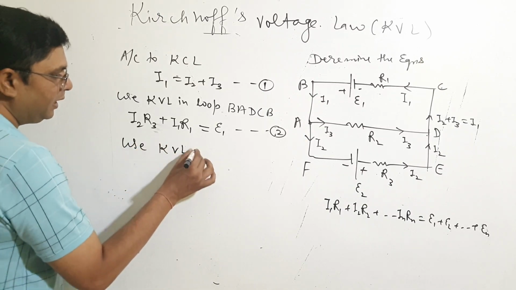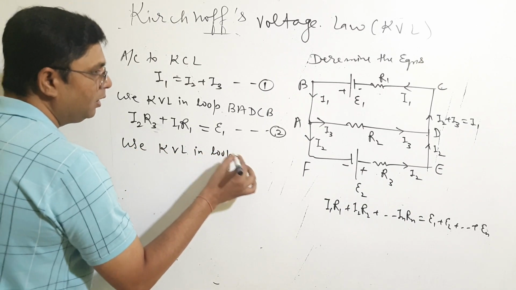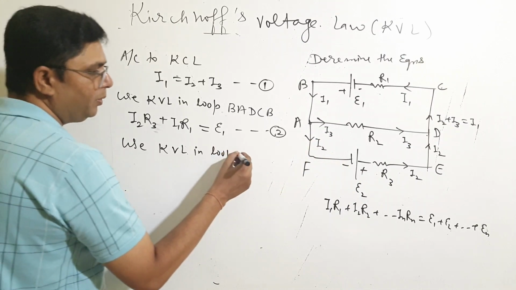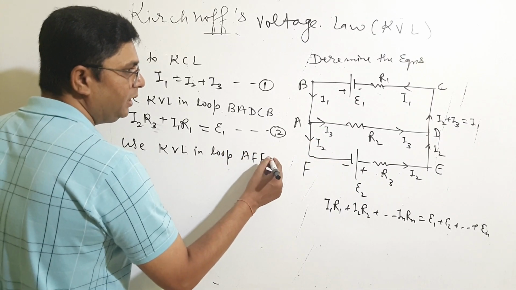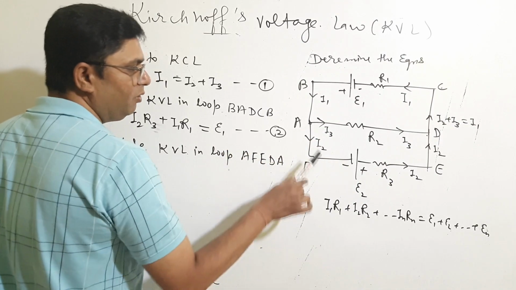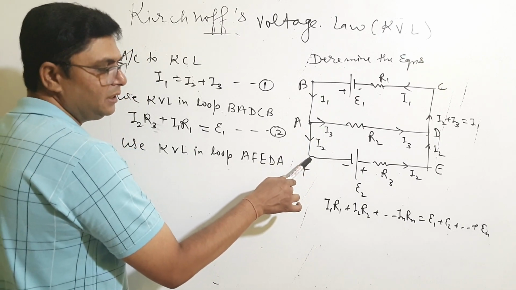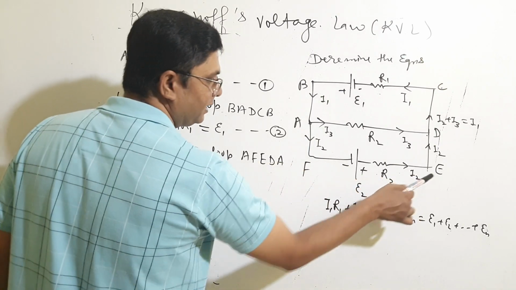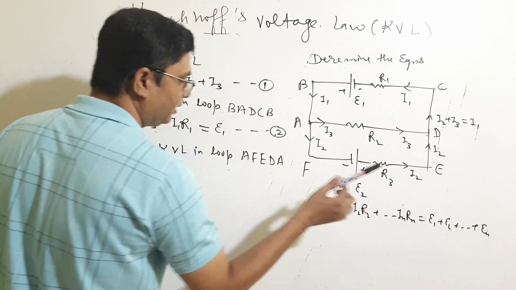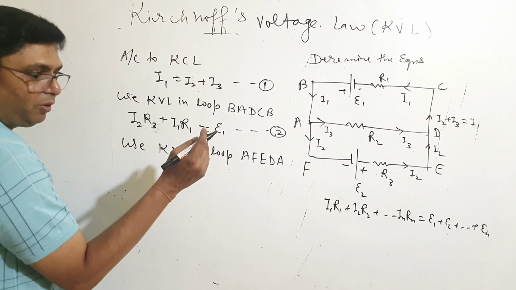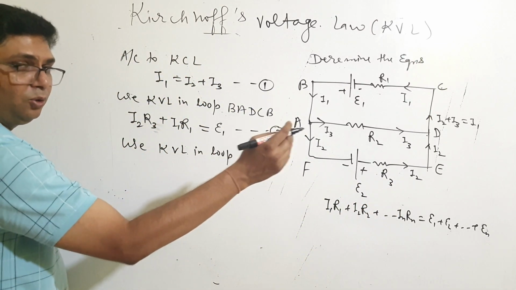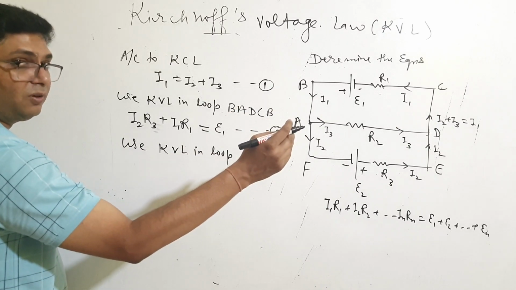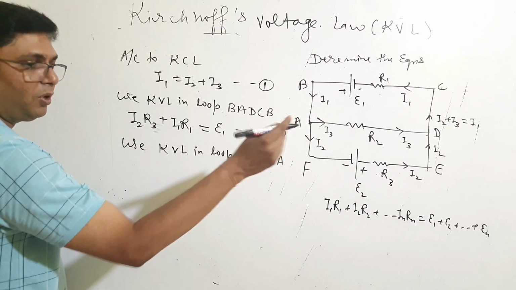Use KVL in this loop. The loop is A, F, E, D, A. Now when we move from A to F, no resistance is there, but when we move from F to E, resistance R3 is there, so I2 R3. You are moving from F to E and the direction of current is also F to E, so take it positive.